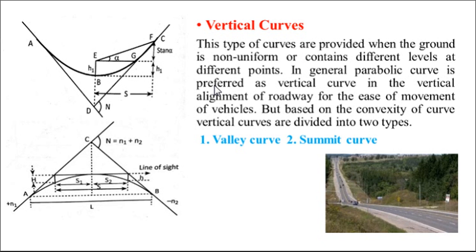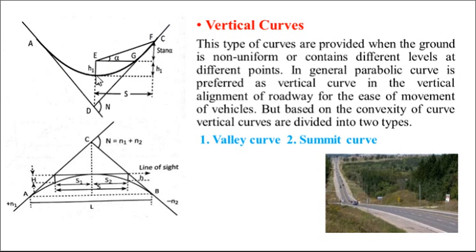But based upon the convexity of the curve, vertical curves are divided into two types. One is called the valley curve and the second one is called the summit curve. So in this case, this is the vertical curve and this curve is called a valley curve.